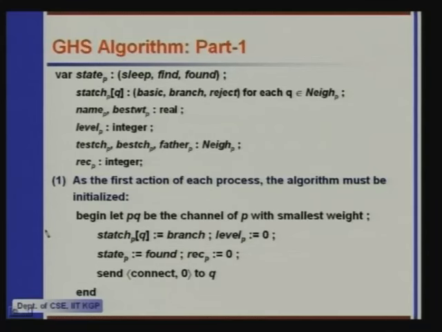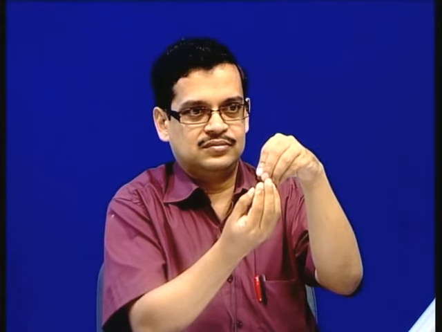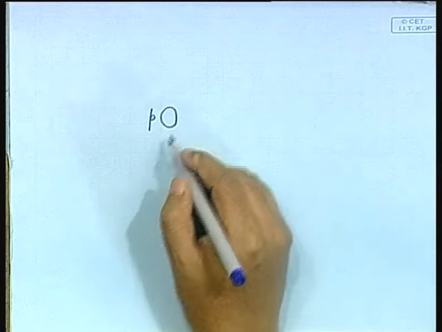The best weight P is the weight of the best outgoing edge from the subtree of this fragment. So, P is the root of some subtree in the fragment. So, best weight P is the best weight of an edge that has come up from this fragment. Not clear? This is P, okay.